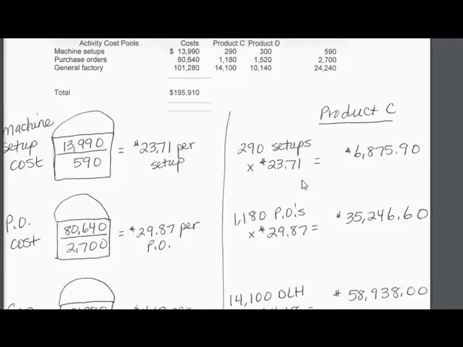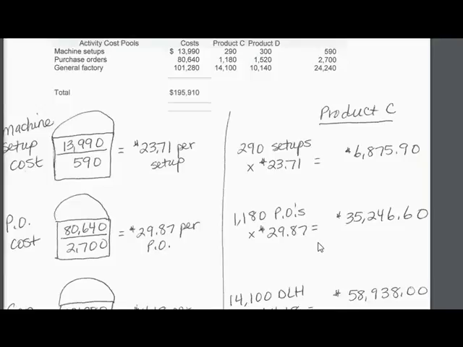So multiplying these numbers gives us the dollar amount of setup cost that we're allocating to product C. The rest of the setup costs, so the difference between the $13,990 total setup costs and the amount we're allocating to product C, the rest of it's going to go to product D.